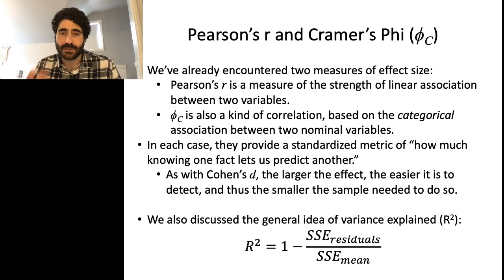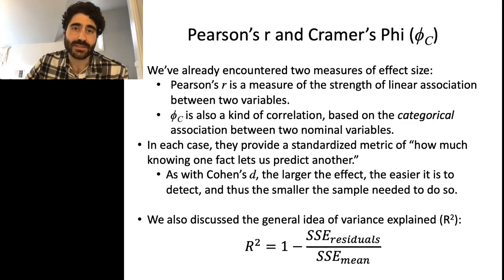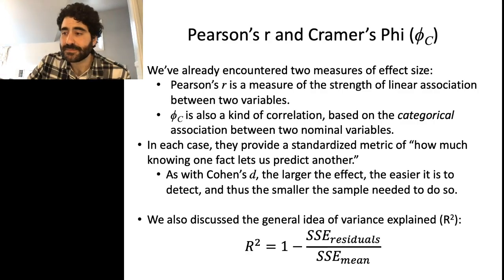The sum of squared errors of the mean is basically just the variance that's in the data. And then the sum of squared errors of the residuals is asking, after we make our prediction, how many residual mistakes are there? If those residual mistakes are really small, then that's a good thing. That means that we explained most of the variance in our data by using this predictor variable, whatever it was.